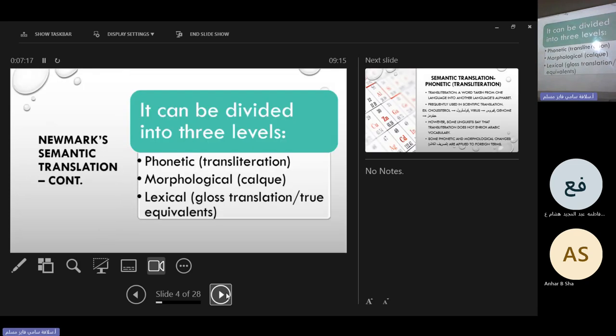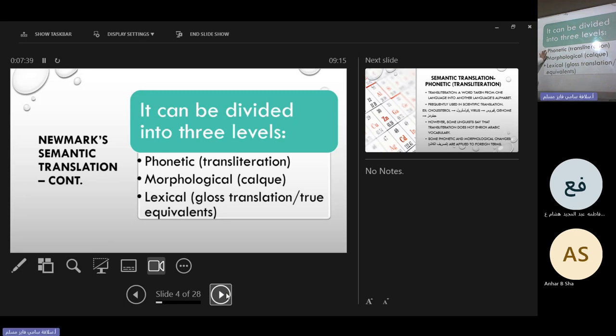So, it can be divided into three main levels. It can be divided on the phonetic level. Phonetic means sound-based, so we write using transliteration. What does transliteration mean?